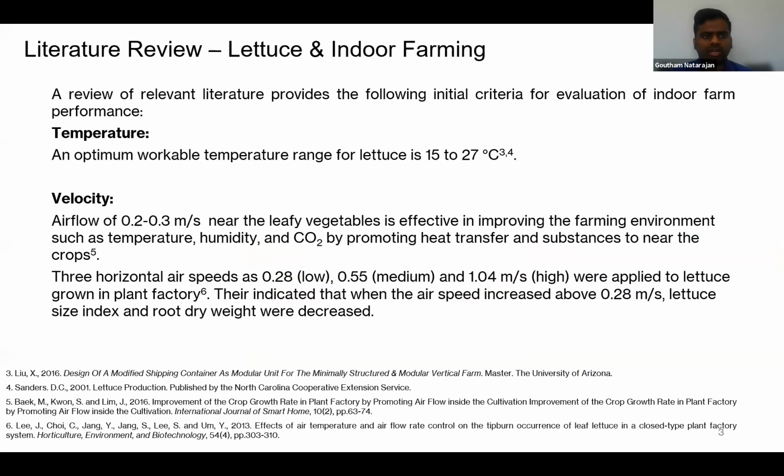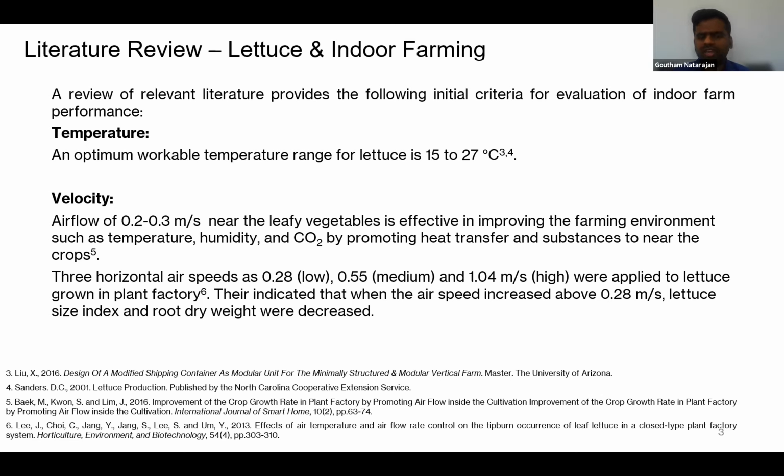I would say that considering lettuce as the plant for our study, we took forward to analyze the literature review for evaluating certain important characteristics, such as the optimum workable temperature to be around 15 to 27 degrees Celsius and the airflow to be around 0.2 to 0.3 meters per second for any leafy vegetables near the surface.